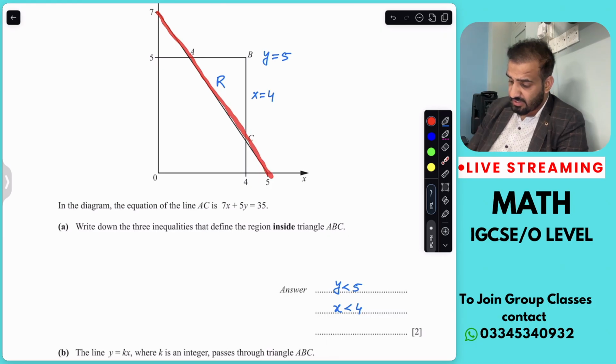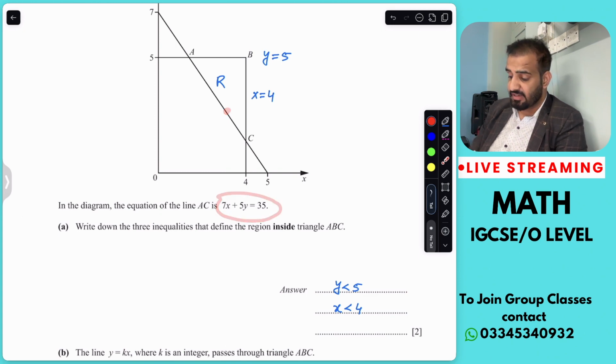I am interested to write the inequality for this line. So this line is 7x plus 5y is equals to 35. As I said, what should you do? You make y the subject. Okay.